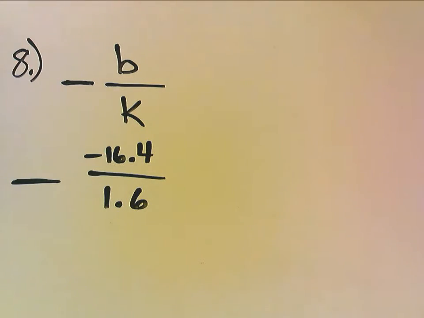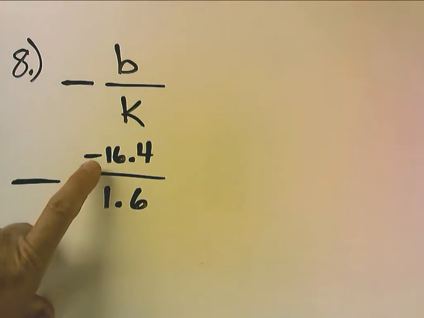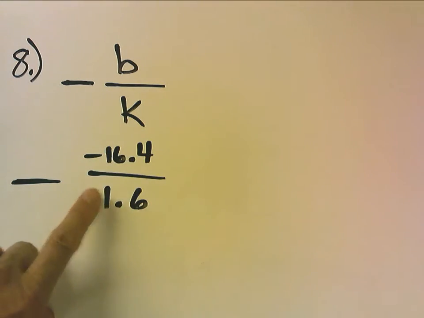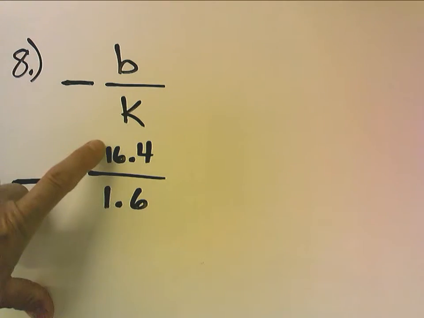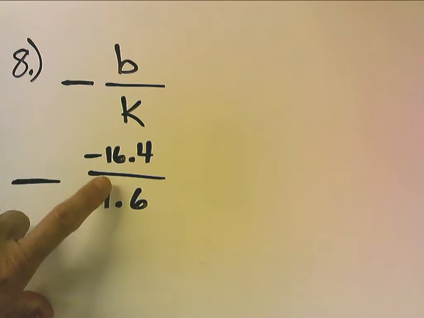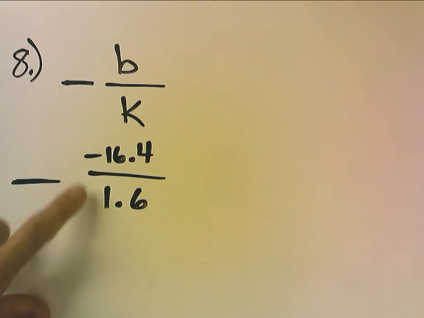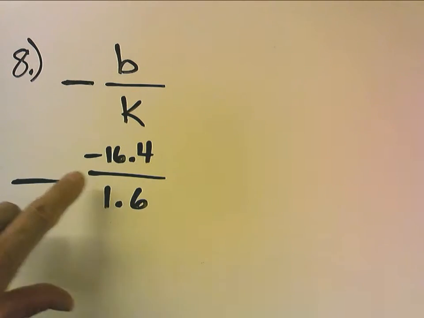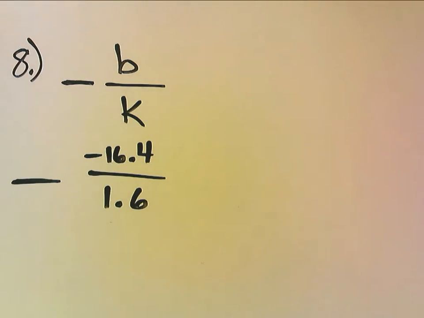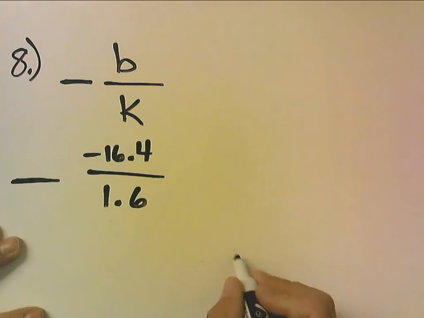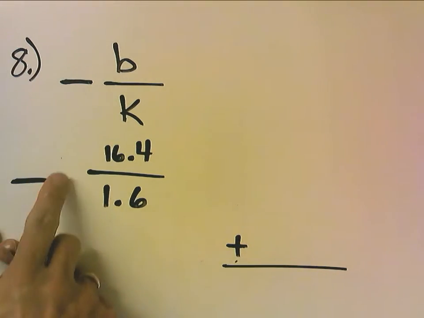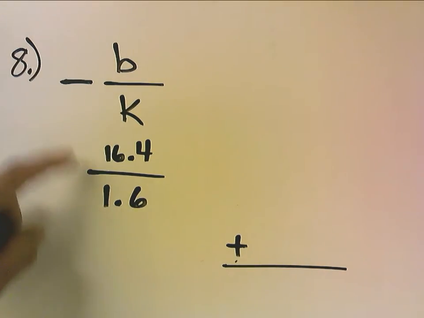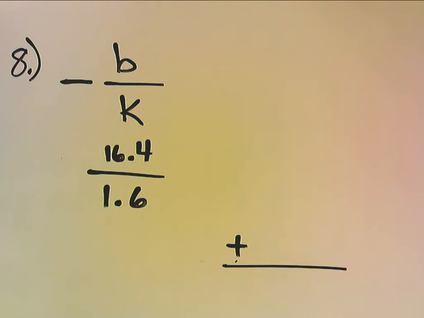Now, -16.4 over 1.6 is going to be a negative number, because a negative divided by a positive is a negative. This is saying, what's the opposite of a negative number? Well, the opposite of a negative number is positive. So my answer is going to be positive, and I'm going to get rid of these signs, because decimal division's hard enough without the signs.